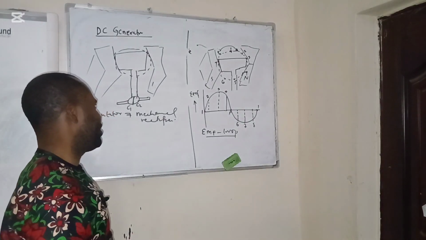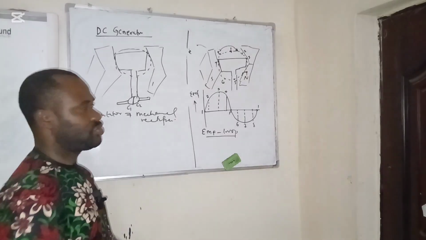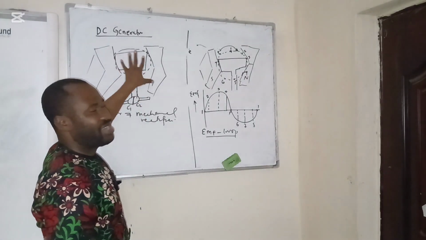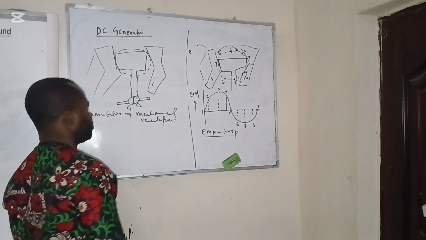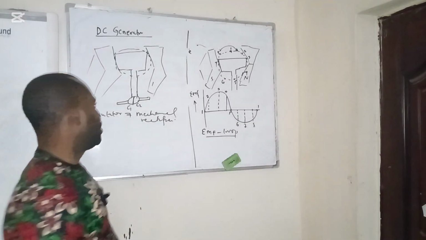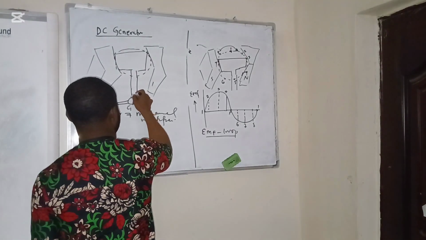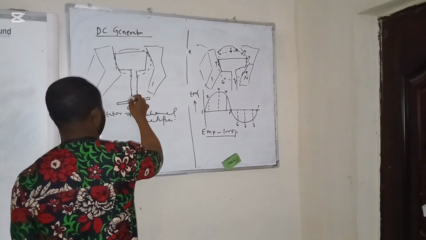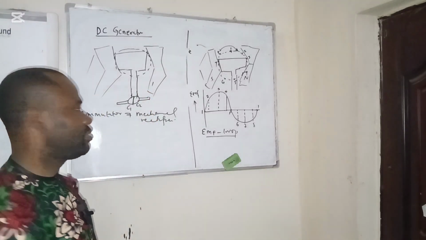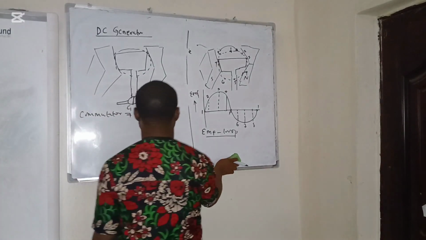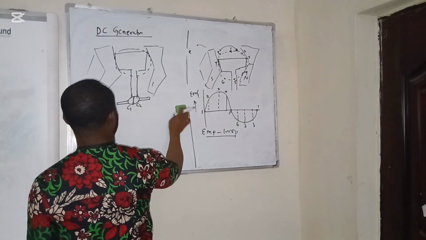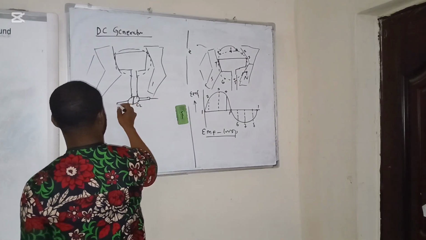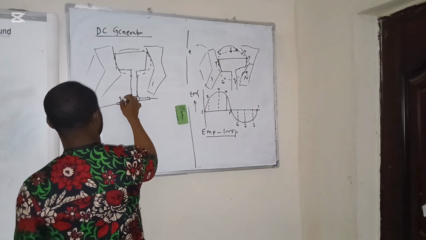So it means that the signal induced in the DC generator is actually an AC signal, but the output is further rectified by the device called the commutator, and that is when commutation takes place. We further have another device that is very helpful. We call this device the brush.